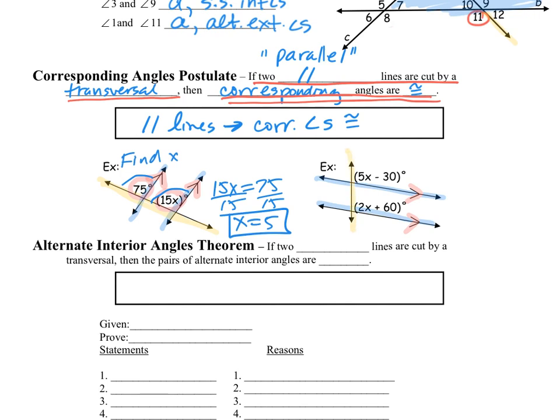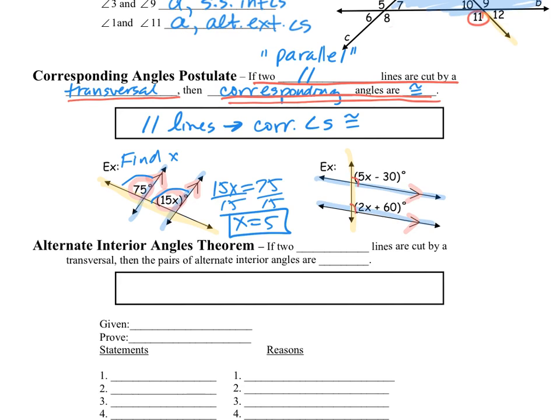You'll notice that these two angles, the 5x minus 30-degree angle and the 2x plus 60-degree angle, are on the same side of the transversal and they're above the two blue lines. So they are occupying corresponding positions in their little groups of 4. So we can say that this angle is congruent to that angle.